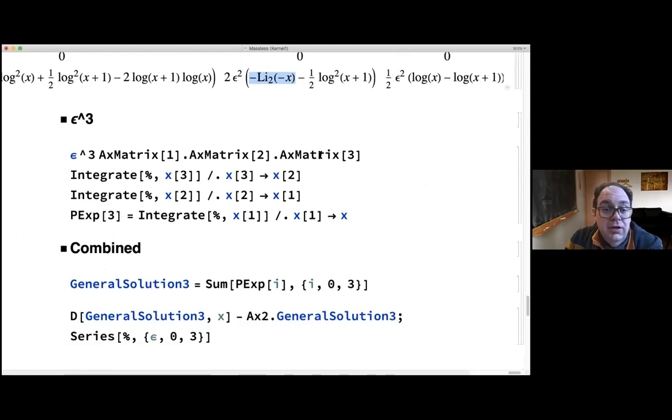Third order in epsilon, I can continue like this. I now have three products of this matrix that come out of the exponential, and I have to integrate along the path in an ordered way. So the rightmost object, which depends on x3, up to x2, and then x2 up to x1, and finally x1 up to x.